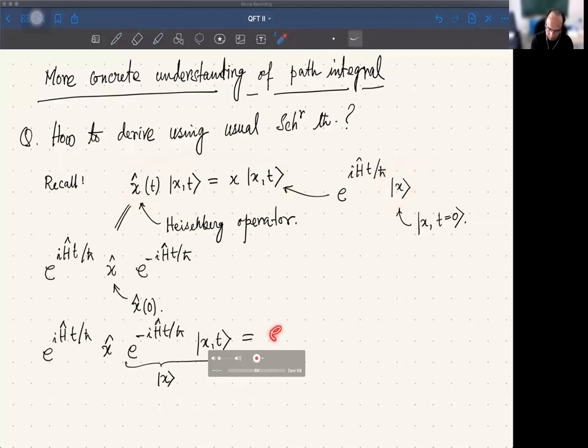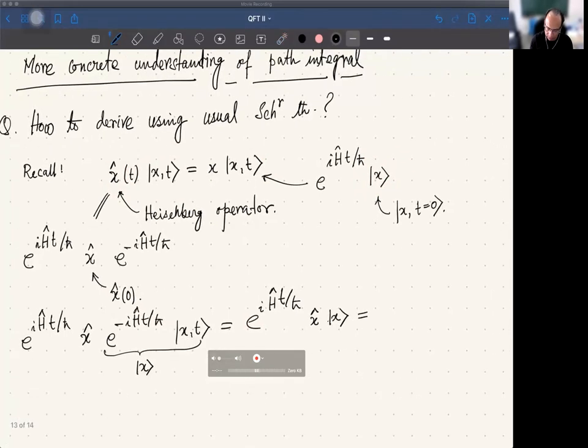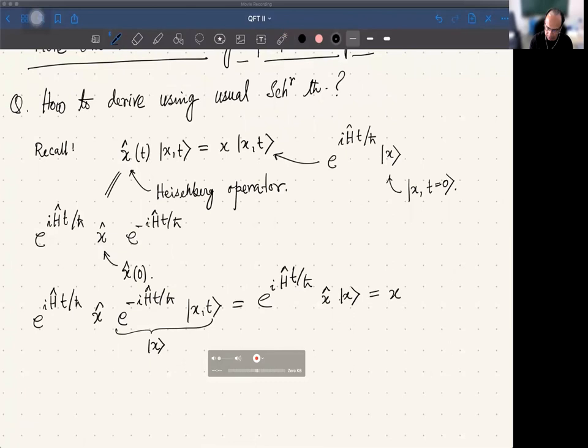So this is e to the power i H t over h bar, x, acting on x. But at the same time, it must equal the right hand side, x times x comma t, and this is the same as this operator acting on this.